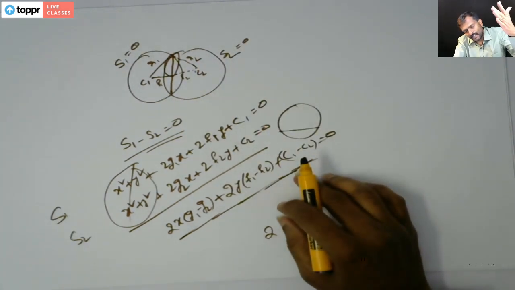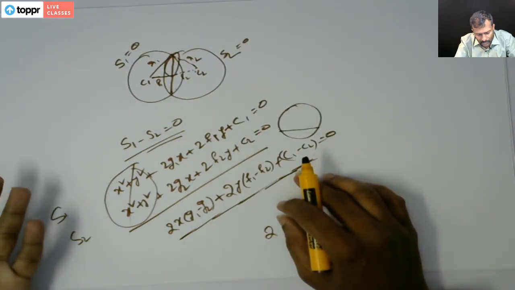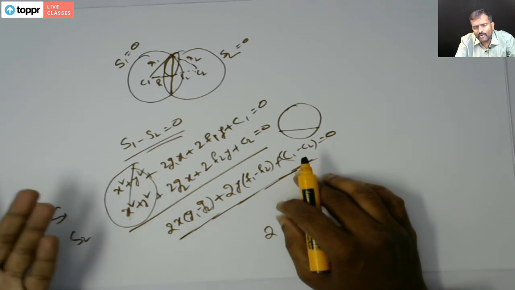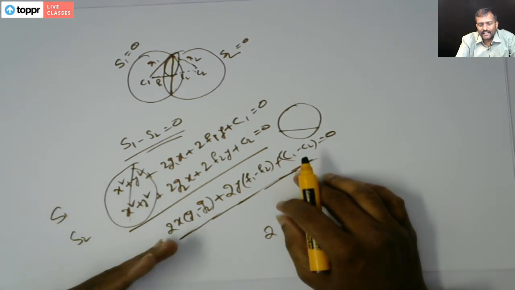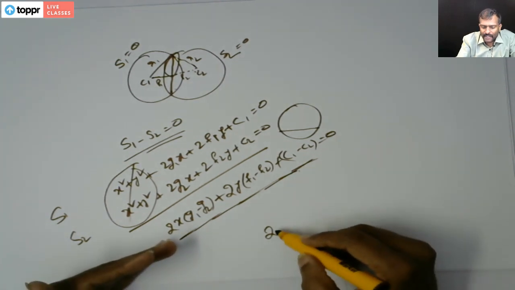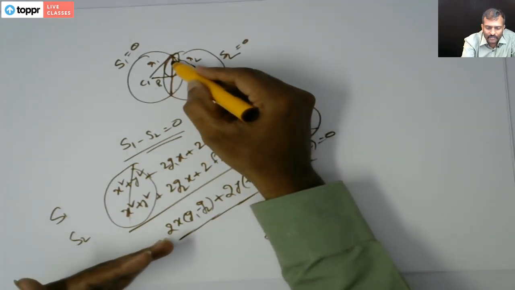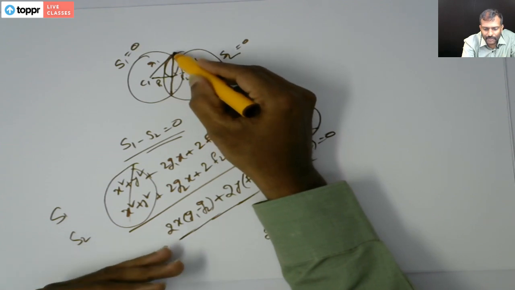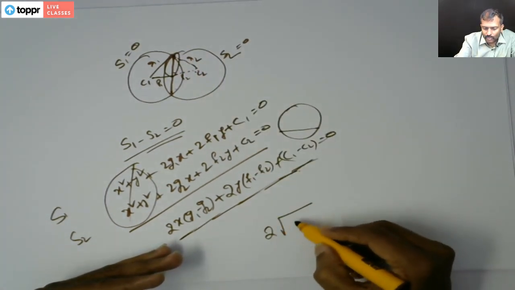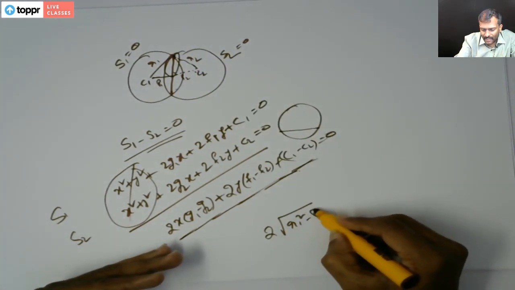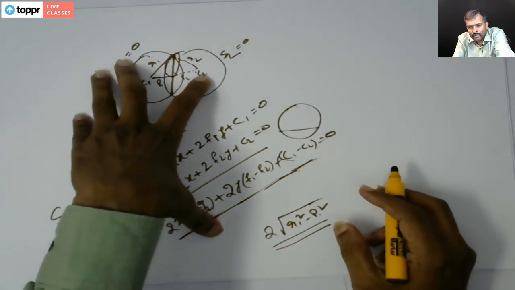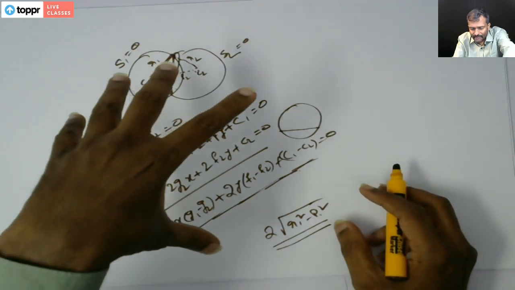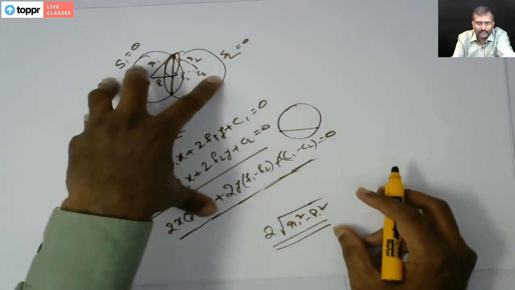We know that the perpendicular drawn from the center of the circle to the chord bisects it, right? So 2 times of this one. By using Pythagoras theorem, 2 times the root of r1 square minus p1 square will give us the length of the common chord of the circle when you need to find it, right?